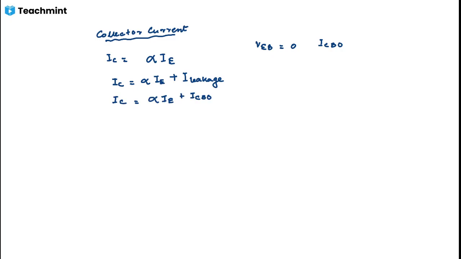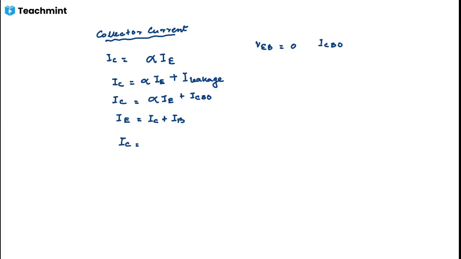From our transistor current configuration, I know IE equals IC plus IB. If I substitute this into the previous equation, then what can I write?